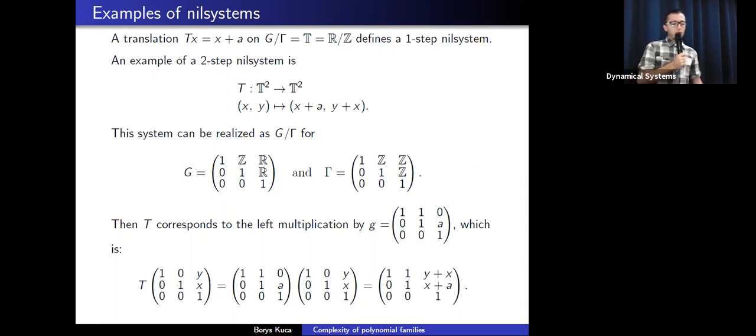We can check that if I act by T on any matrix like this, where T is defined as the left multiplication by g, then in coordinates, this acts precisely like the map T that I gave before. And that's why the system is an example of a two-step nil system.